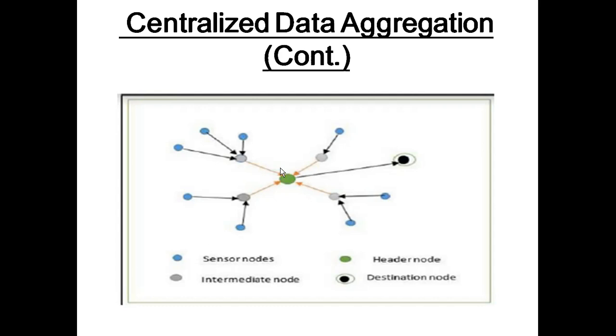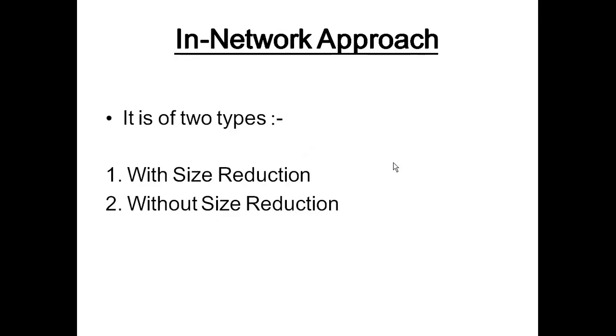The next approach that we are going to study is the in-network approach. The in-network approach is very similar to the centralized approach. Again, there are one or more header nodes which perform the aggregation work, reducing redundancy and performing packet summary.